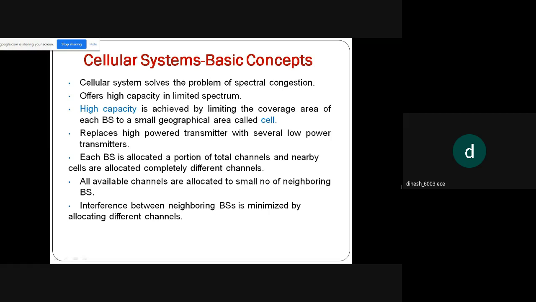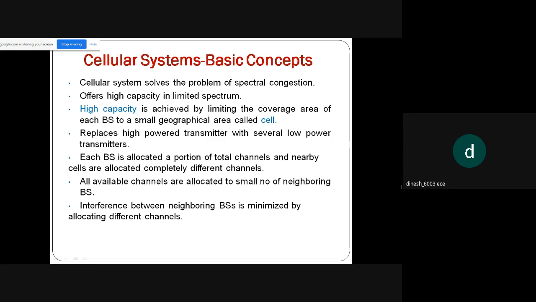A tower is what you normally assume it to be, and a tower could be a base station. With this, high capacity is achieved. How it is achieved is what we are going to see in these 5 units.